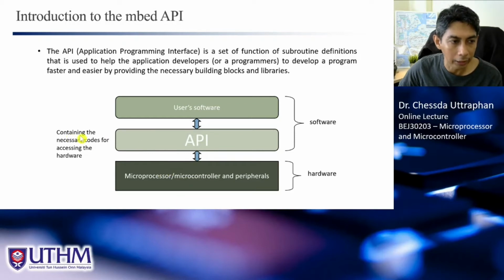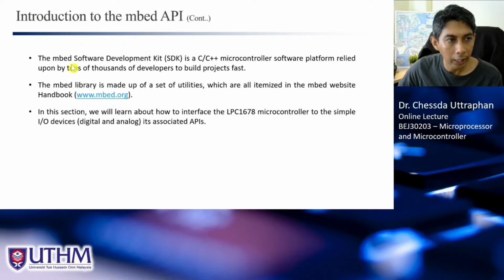So the API contains the necessary code for accessing the hardware. The mbed software development kit, or SDK, is the C or C++ microcontroller software platform relied upon by tens of thousands of developers to build projects fast. This is an open source SDK, meaning that developers around the world can provide the libraries that we can use in order to build our application faster, right?